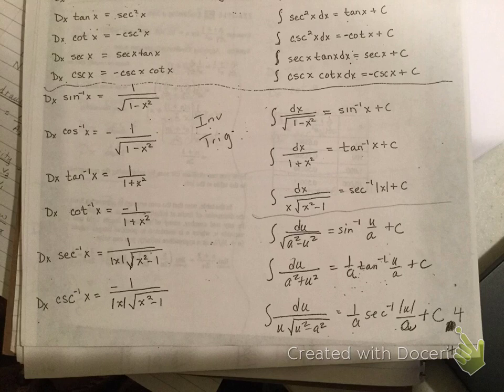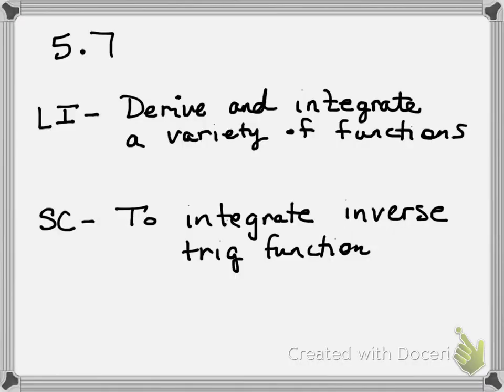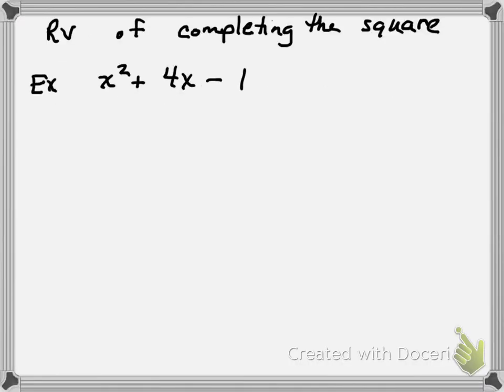Alright, so getting started with our first example, and actually before we can do examples for 5.7, we need to review how to complete the square. So I have 3 examples on completing the square, which you first learn in Algebra 2, but we'll review just a little bit before we head into our calculus examples. So to complete the square on a trinomial like this, you want to first of all understand that the whole purpose in completing the square is to get a binomial squared.